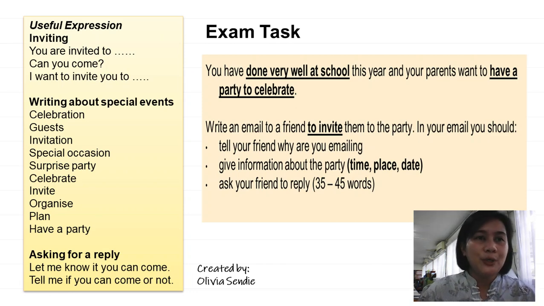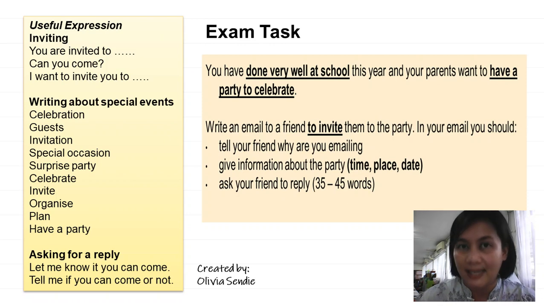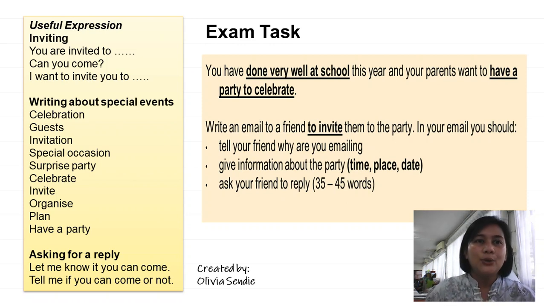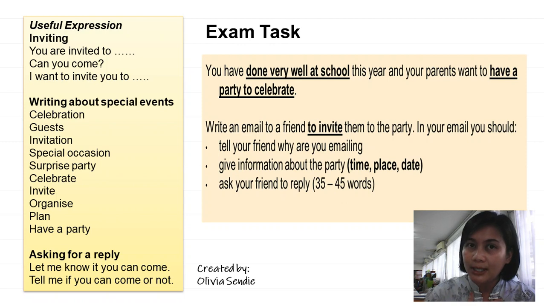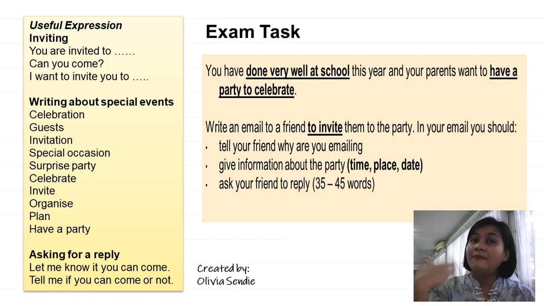Now, these are the useful expressions that you can use when you are writing an email of invitation. You are invited to, can you come to my party or to my celebration? I want to invite you to my party. So you are inviting that person, so you need to use the word invite.